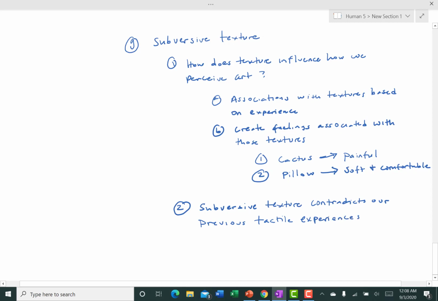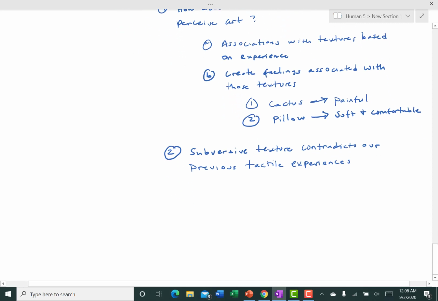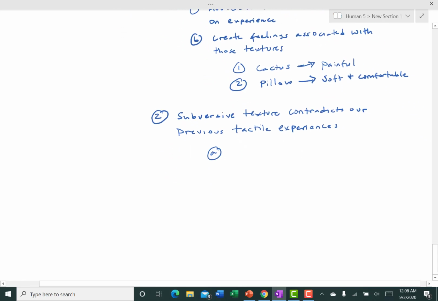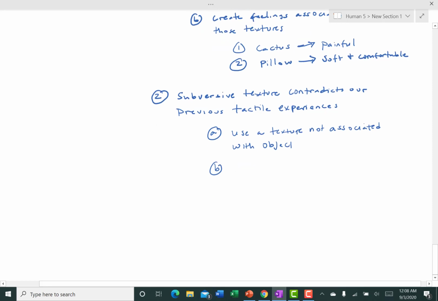Usually how it does this is that subversive texture in art is that the artist will use a texture not associated with the object. So you might have the cactus that is made up of soft material.